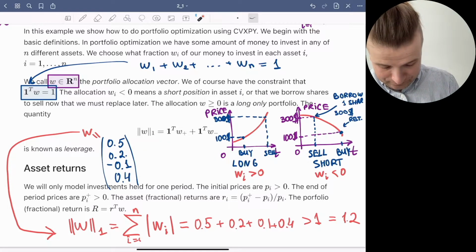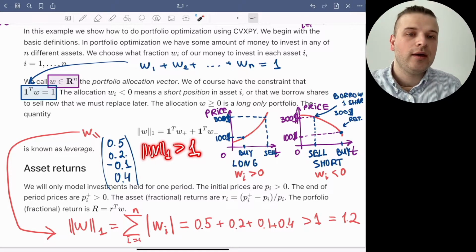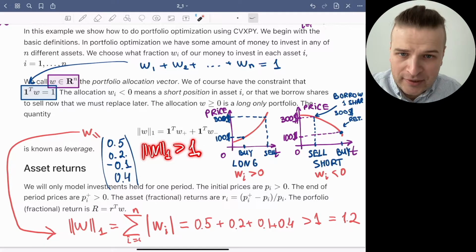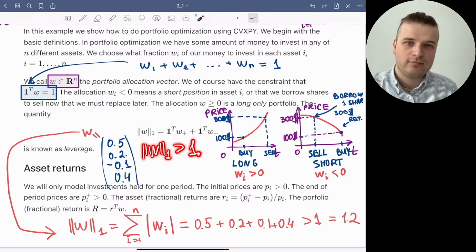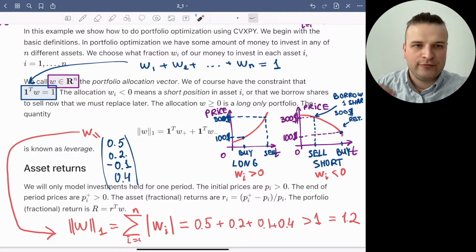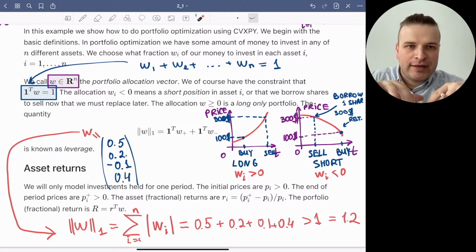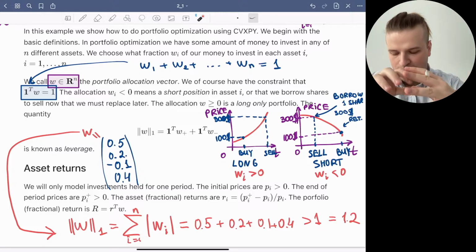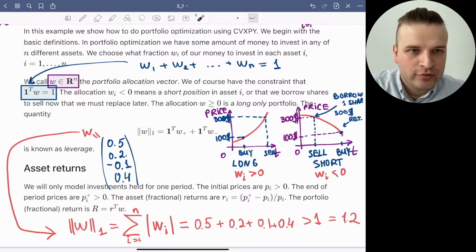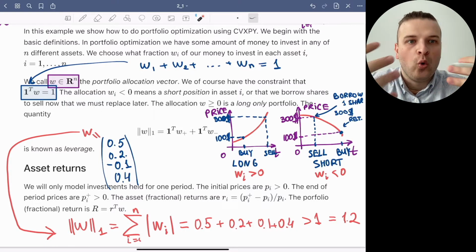But if this one norm is greater than 1, that clearly indicates that you borrowed something from the broker. That's not a crime, but still you have to separate these two cases. And the more your leverage is, the more shares were borrowed from the broker, the more you owe to the broker.